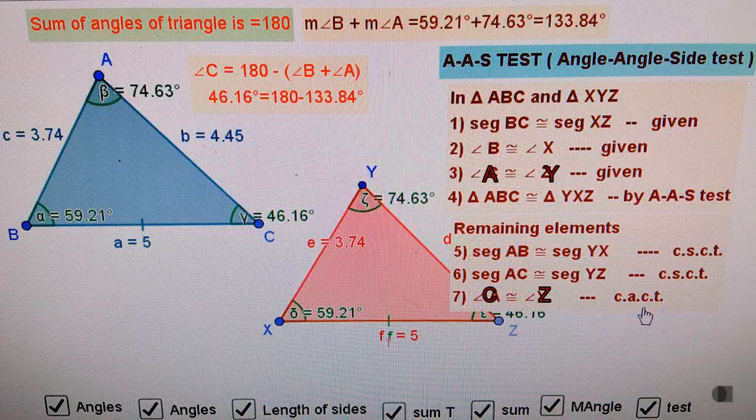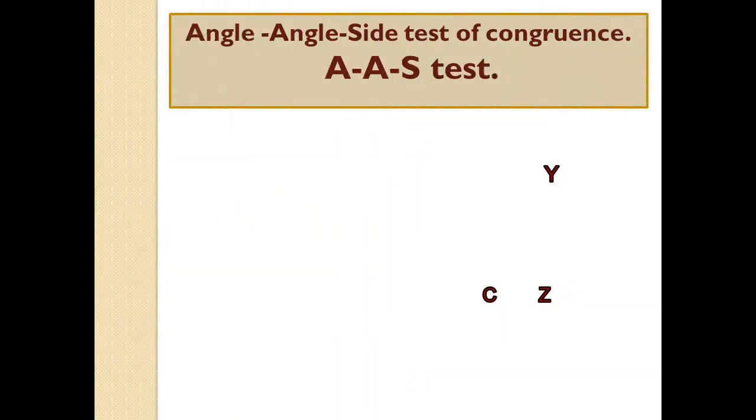Well student, in such a way you can identify the test of a congruency. From this you have understood that these two triangles are congruent by the angle side test. That means whenever two angles and any side not included between these two angles are congruent, then two triangles are congruent.